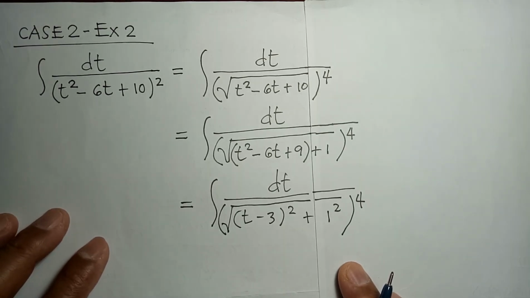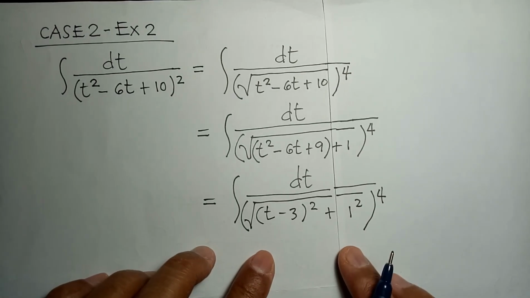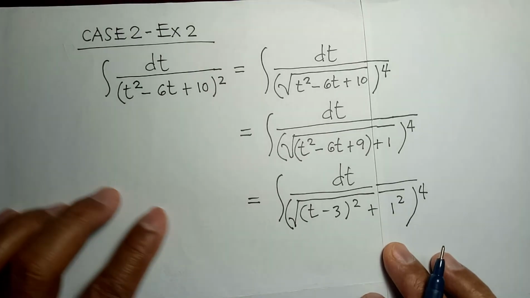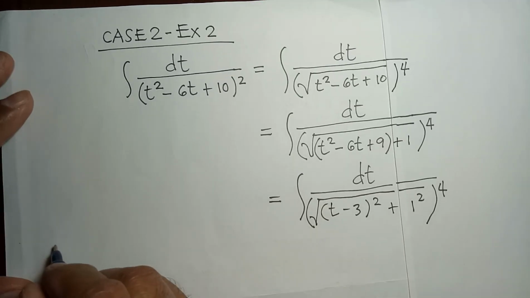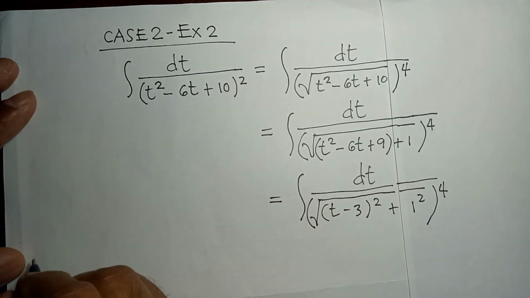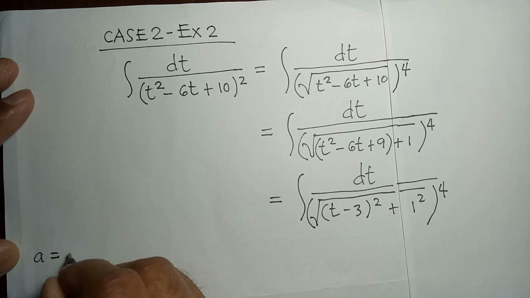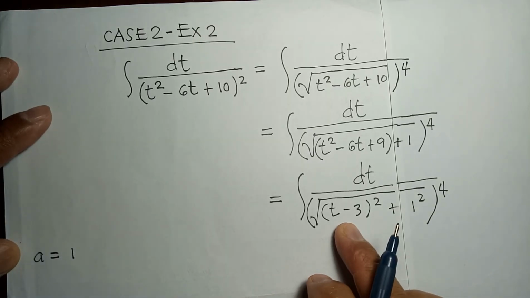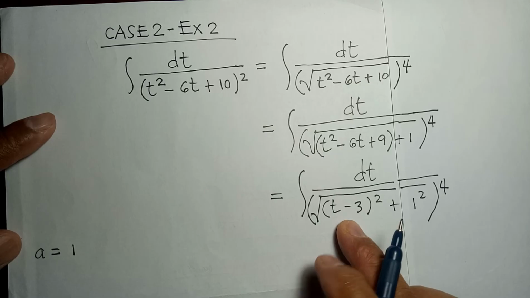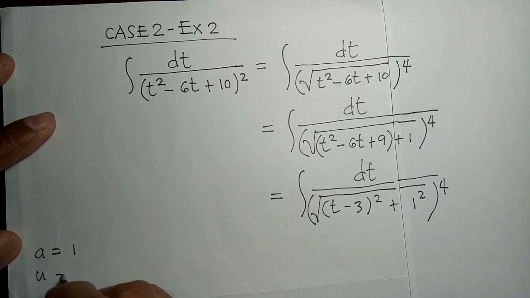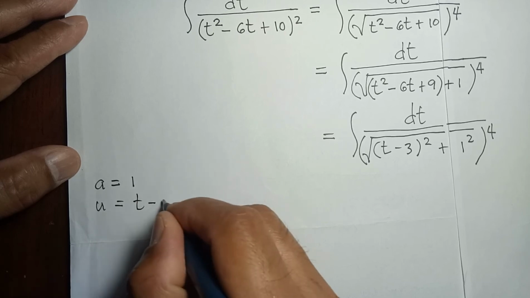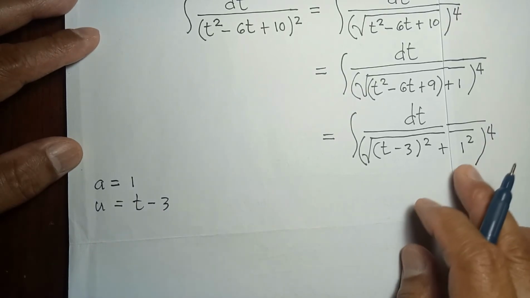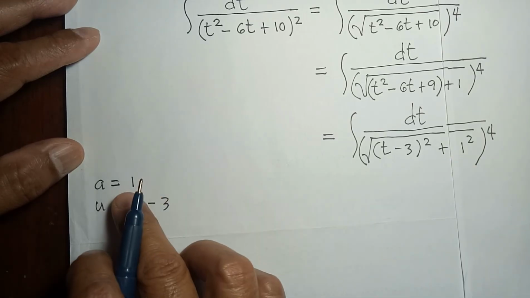At ang substitution, pagka case number 2 ay u equals a tangent of theta. Okay? So, ngayon, dito, ang a natin ay equal siya sa 1. Yun yung a natin. A equals 1. Ang u natin, t minus 3. So, ulitin ko, yung a natin, equal siya sa 1.